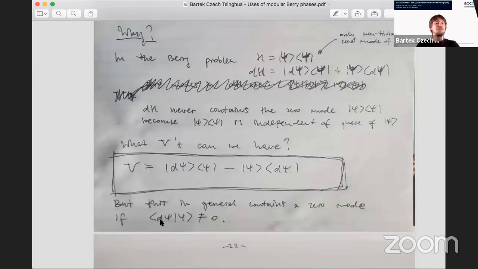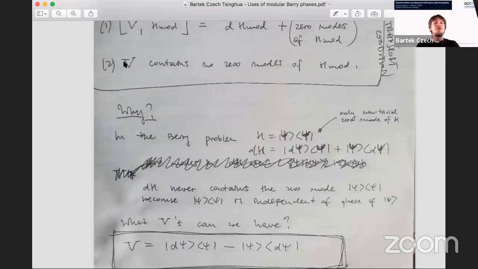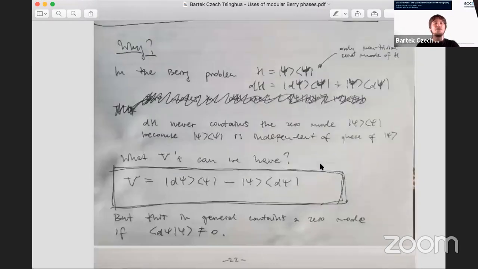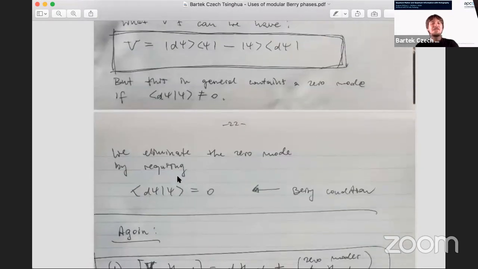That condition would be just d phi phi is equal to 0. If d phi phi is not equal to 0, there is a zero mode. If d phi phi is equal to 0, then there is no zero mode. So the only way that we can satisfy condition 2 is by imposing this condition.